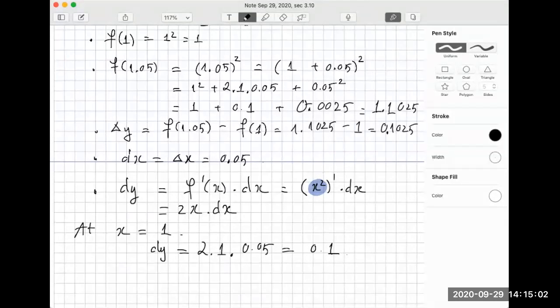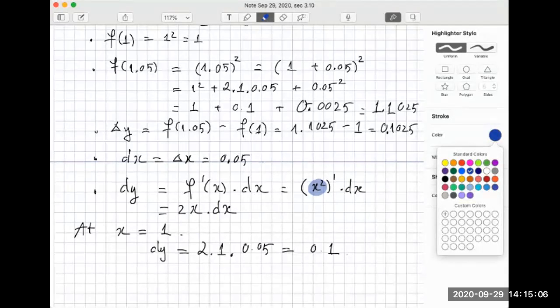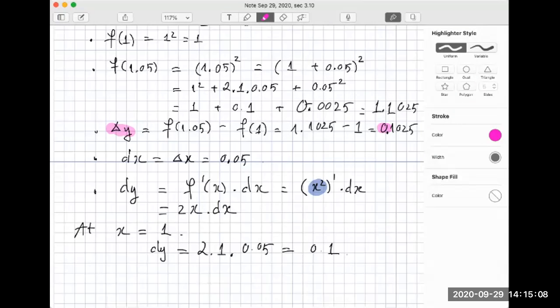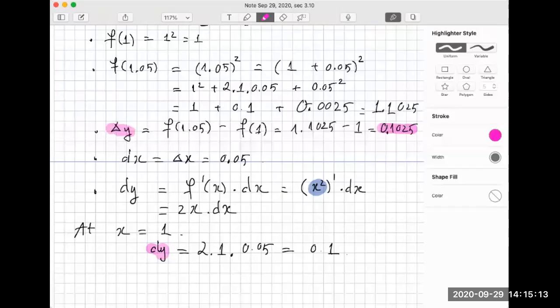So this is delta y, 0.1025, and dy, which is 0.1, is very close to each other. Okay. Very good.